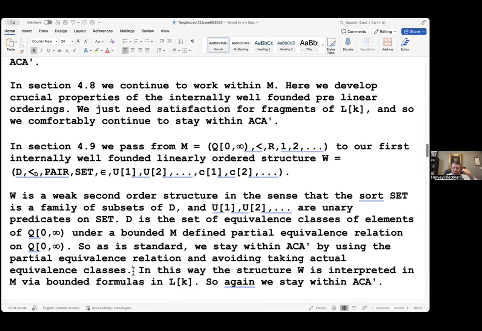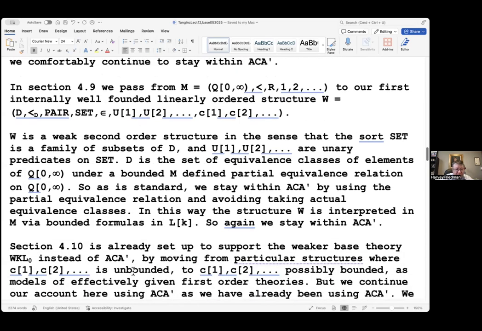This is a move that's used a lot in logic to avoid going to a higher type by not taking the equivalence classes, even though conceptually it'd be nicer to do so. In this way, the structure W is interpreted in M via bounded formulas in L of K. So again, we stay within ACA prime.